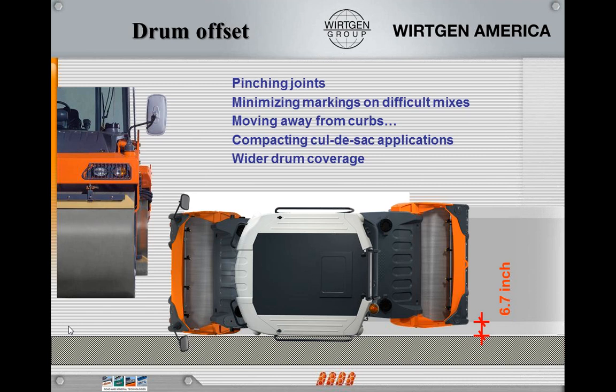If we're doing a lot of curb work, we can move the rear drum away from the curb and put the front drum up against the curb. That way when we pull away, the rear drum's not peeling out that curb. Also, if you just need a little bit more coverage than what the width of the roller will allow you, remember, we got another 6.7 inches per pass that we can add to a coverage. So we can offset and pick that up if we need to.